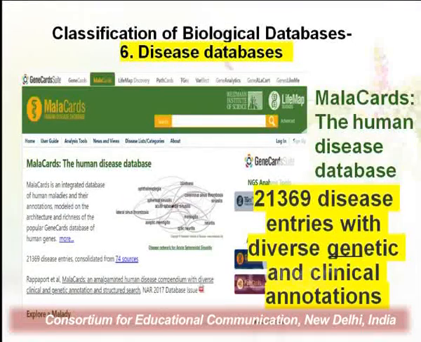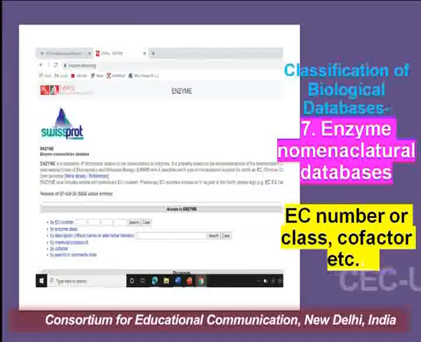Next is the disease database. We have all the diseases stored in our databases, and we have all the genetic and clinical annotation of these diseases. Like in MalaCards, the human disease database, we have 21369 disease entries stored already, and this keeps changing. I told you they have a dynamic nature.